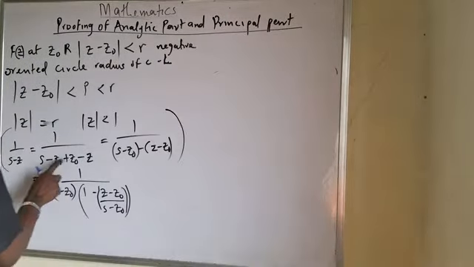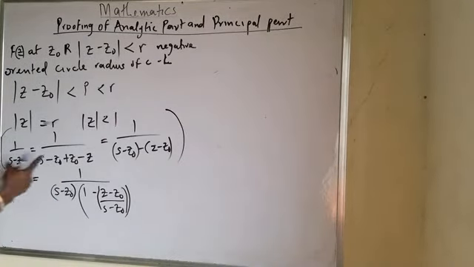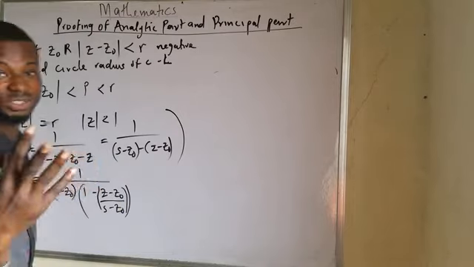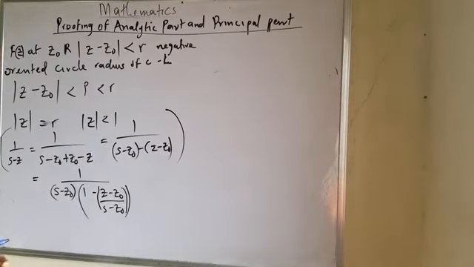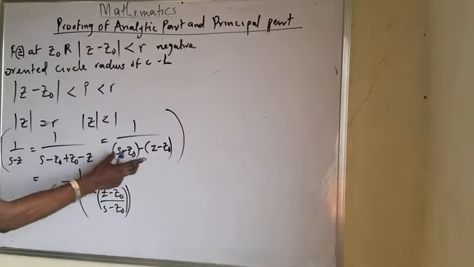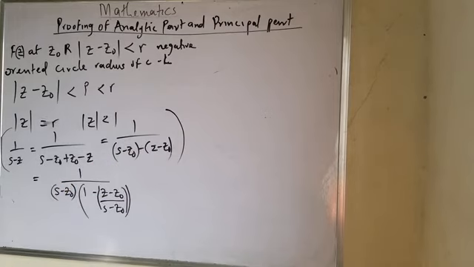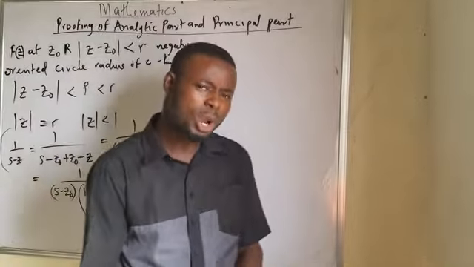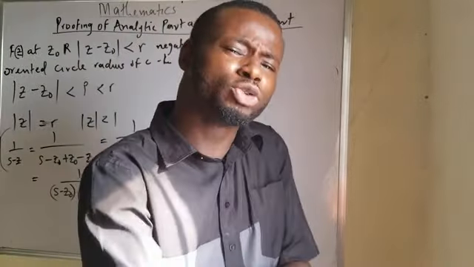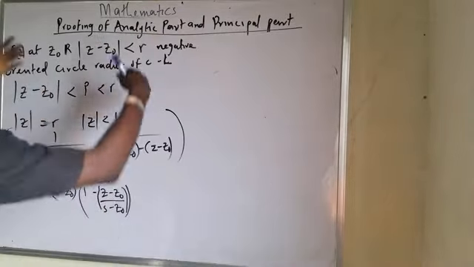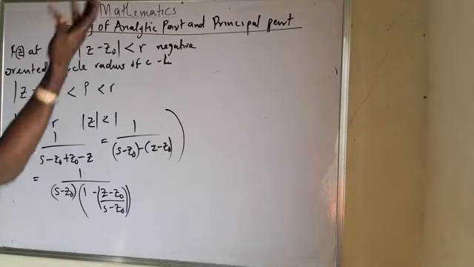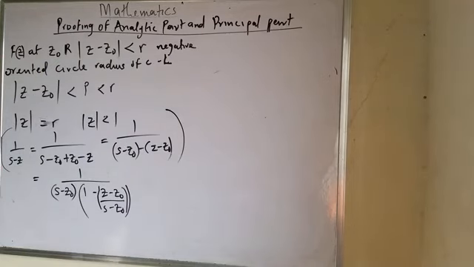This minus this surely takes me back to where I'm coming from. When I use factorization, which is primary school mathematics, you can do something like this. When you expand, anything you are doing in mathematics, once you are moving forward, you must be able to move back.